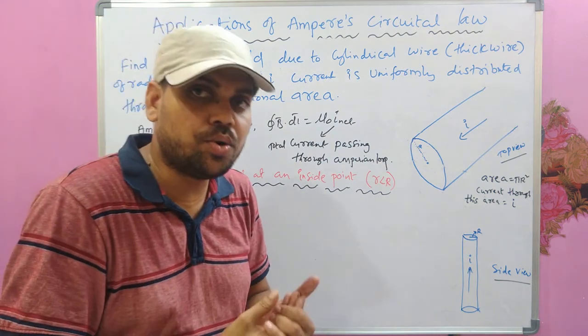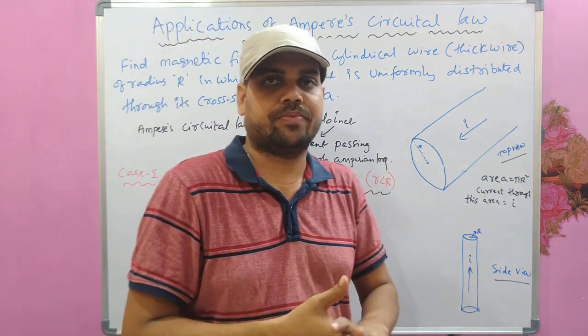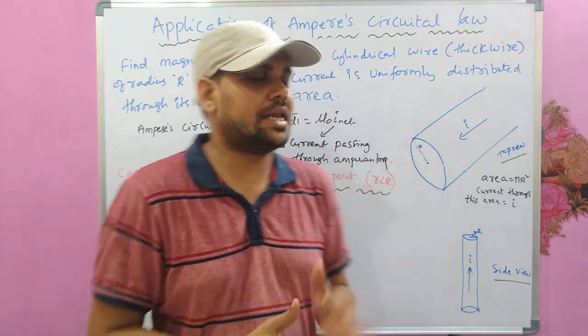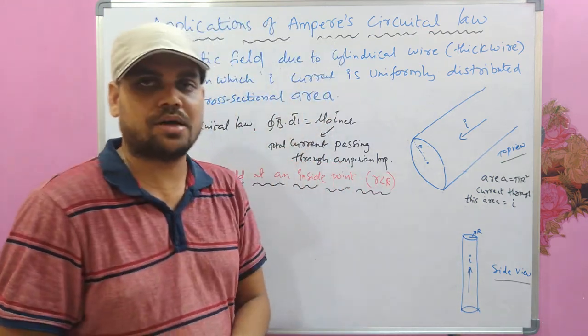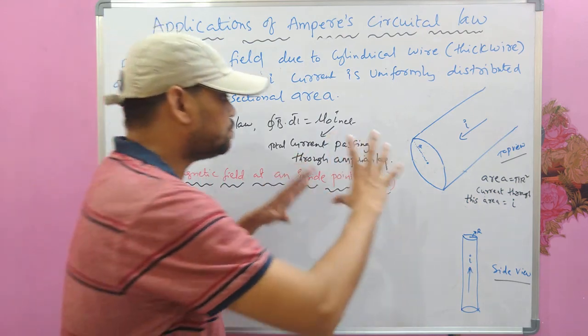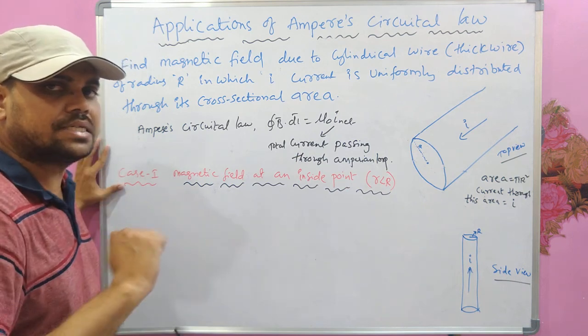What is that loop? That loop is called the Amperian loop. We will see what the Amperian loop is, what integral B dot dl is, and what I net passing through that loop is. So this problem I am going to solve in two cases.